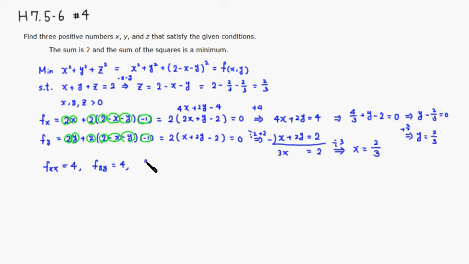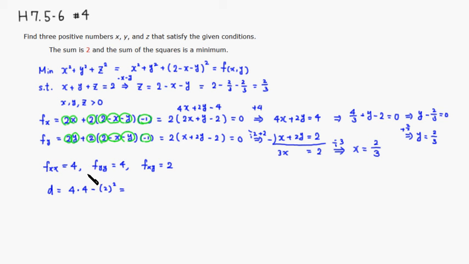Alright, then we have a mixed partial with respect to x, then with respect to y. So it's going to be just 2. Right? So the second partials test, D is going to be 4 times 4 minus 2 squared.